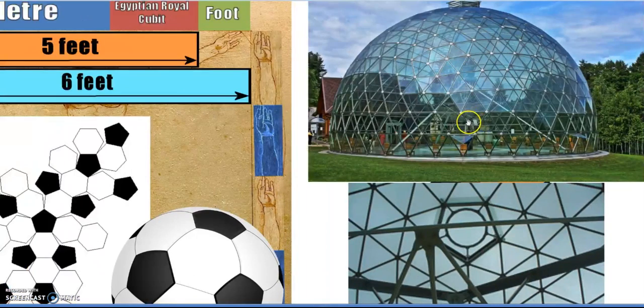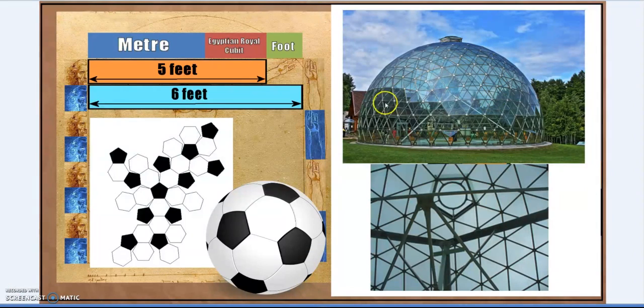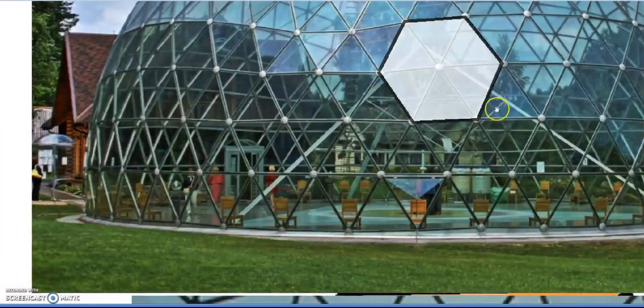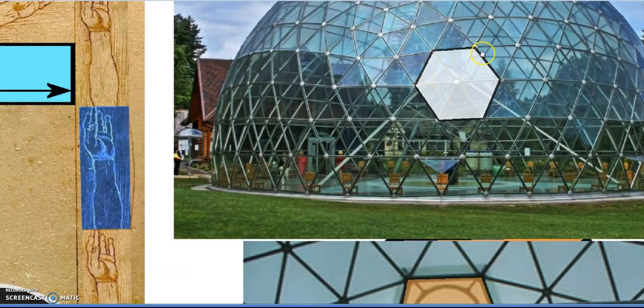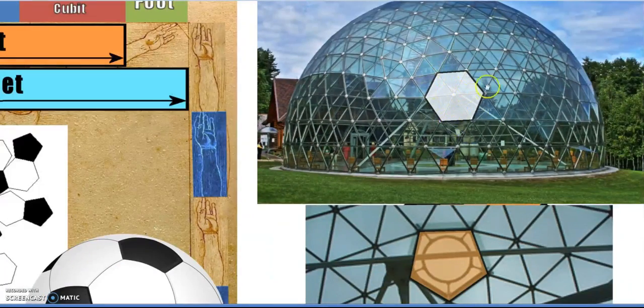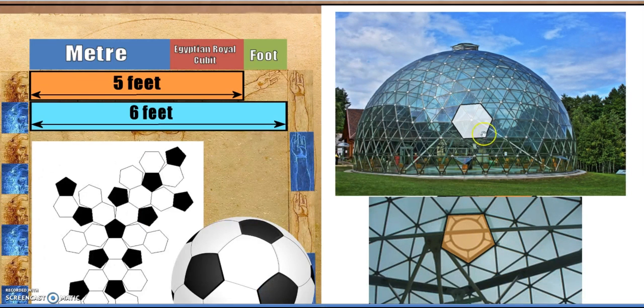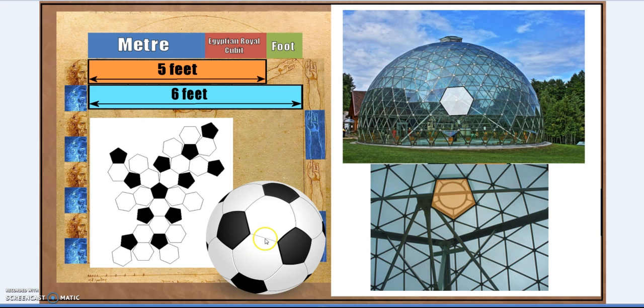Another example would be the Merkine Pyramid in Lithuania, but these geodesic domes look like triangles, but they're also a series of pentagons and a series of hexagons. To get the hexagons to fit together in 3D, you need at least 1 pentagon as a keystone. Just like the soccer ball, here we see the same thing.